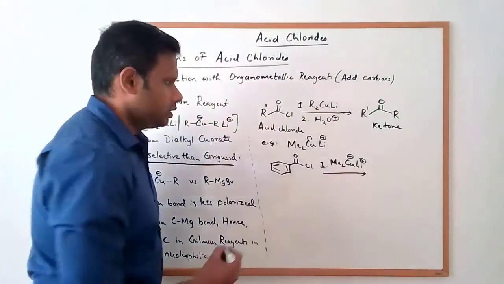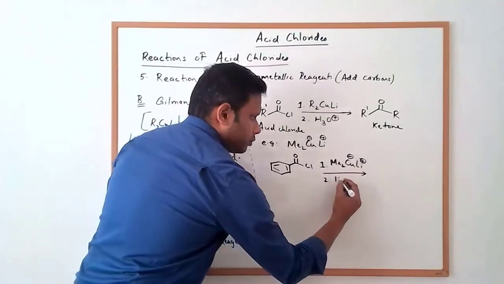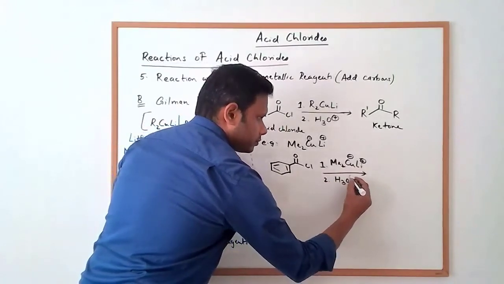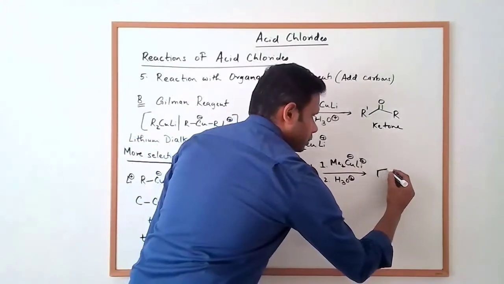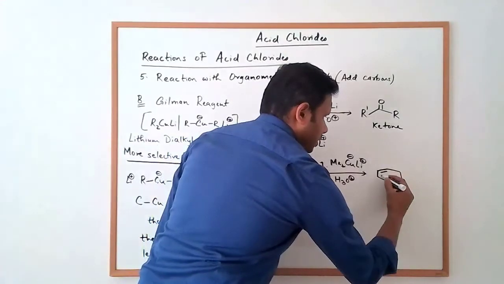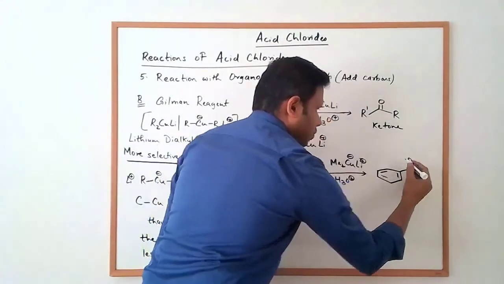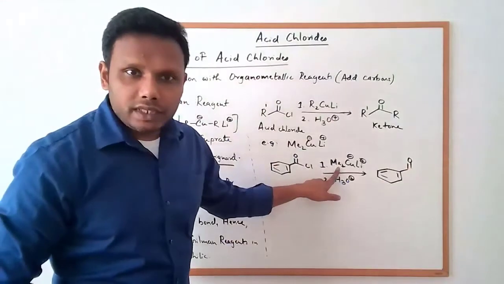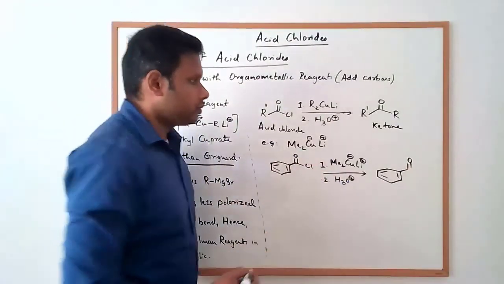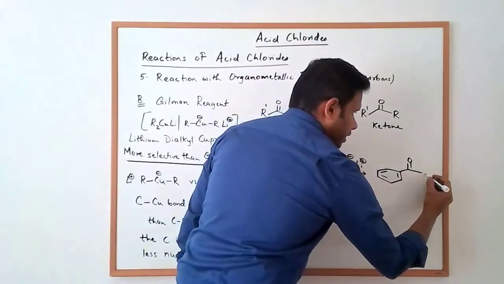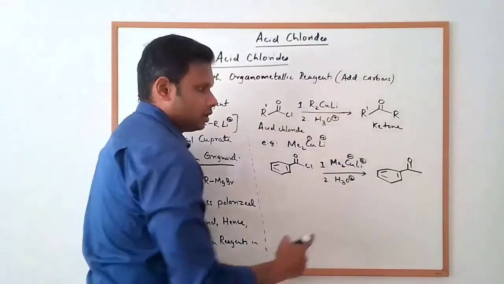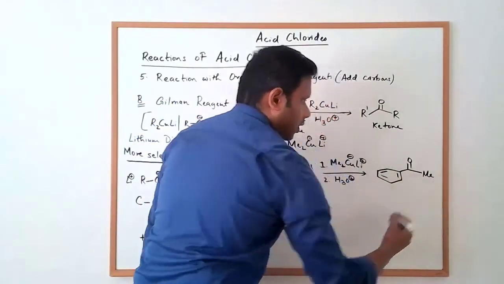When you follow this up with a workup, you can make a ketone where one of these methyl groups, not both of them, has added to the acyl carbon.